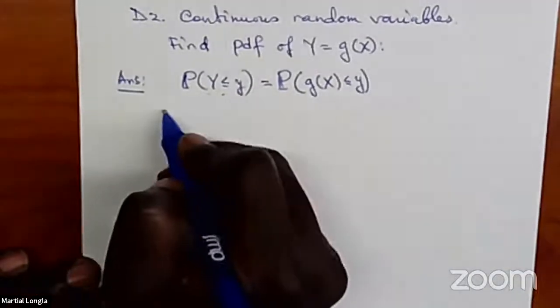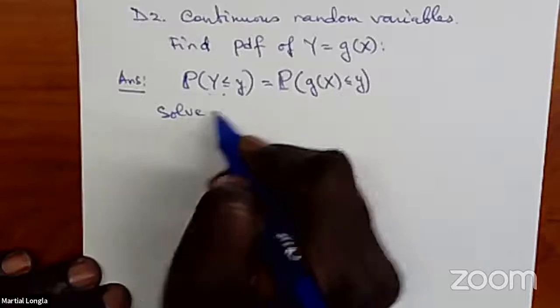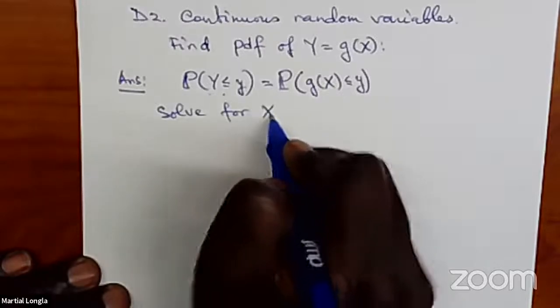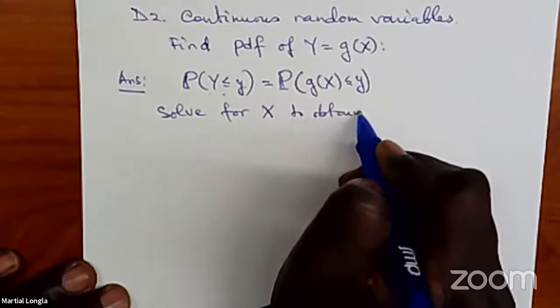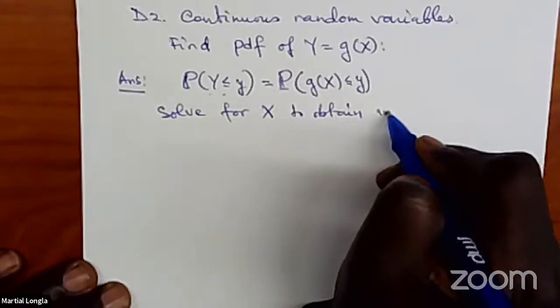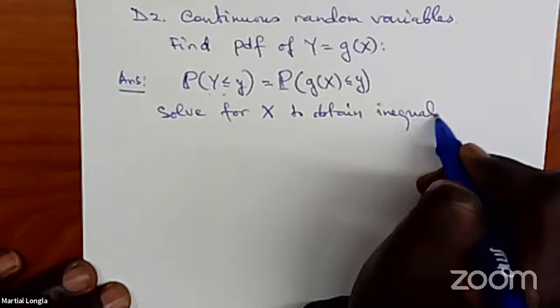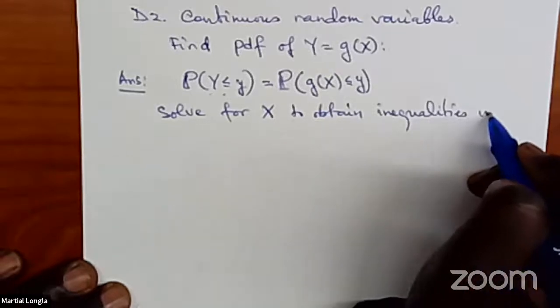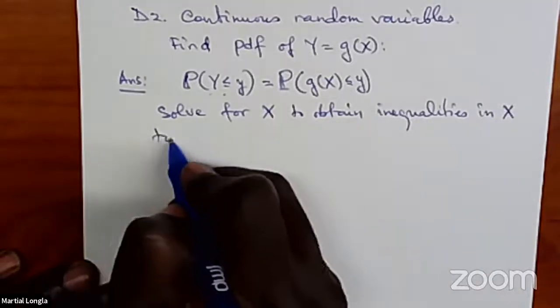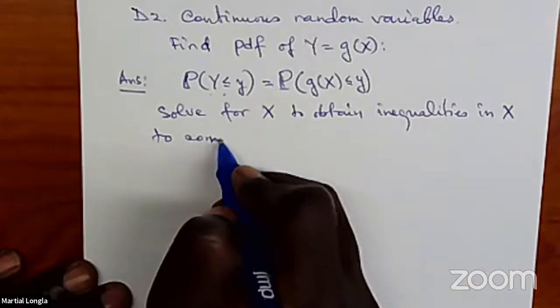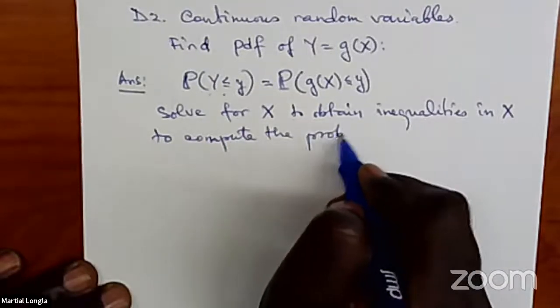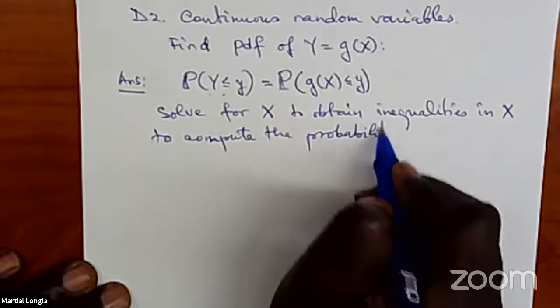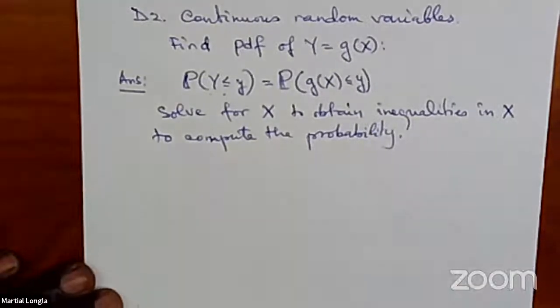And to solve, you need to solve for x to obtain inequalities in x to compute the probability. That's what you would do in general if you just have any function there.